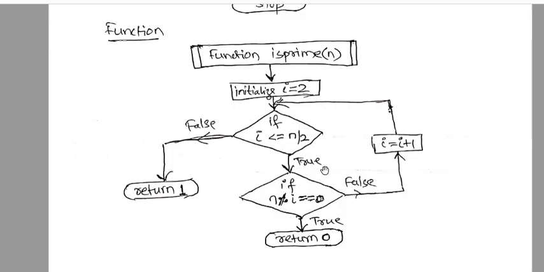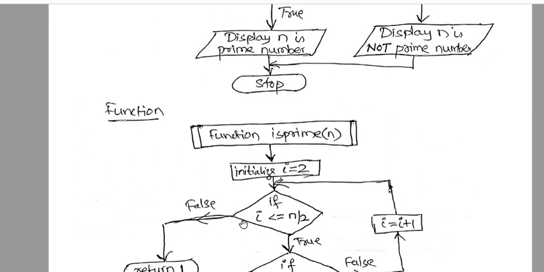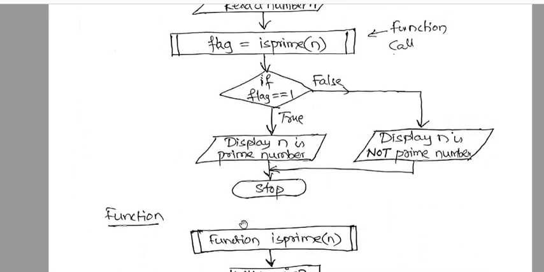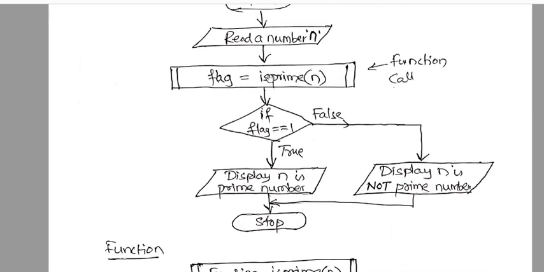If the answer is true, that means the number got divided perfectly, the remainder is 0. So we return from here. When we see return 0, the control will go back to the main function, the function will give a value of 0, and then flag is assigned the 0 value.